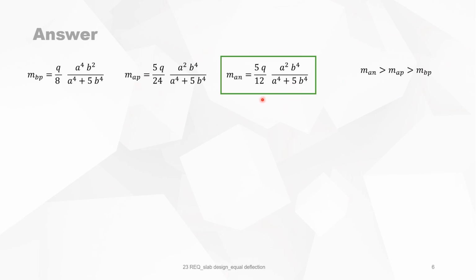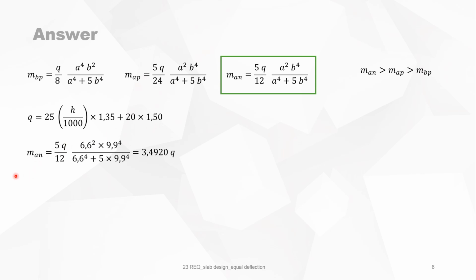So we start with MAN to calculate the depth of the slab. The total load is 25, that's the proper weight of the slab, 25 multiplied by the depth of the slab expressed in millimeters, so we have to divide it by 1000, times 1.35, plus the mobile load, which is 20 times 1.5.